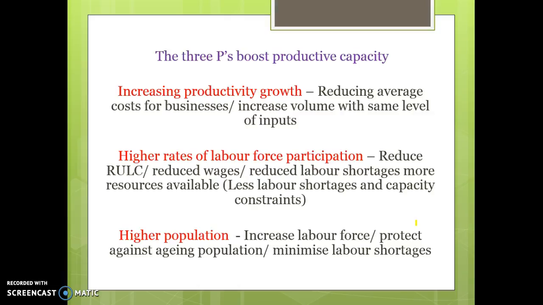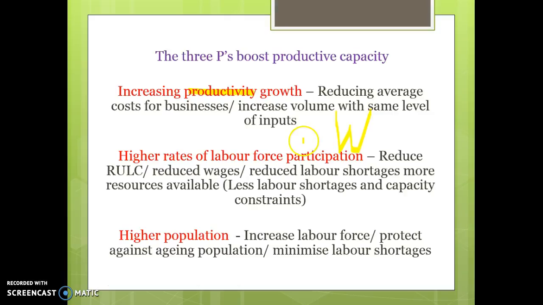When you are referring to these three Ps, this is the kind of logic and language you need to be using. If it's increasing productivity growth, it's all about trying to reduce average costs for businesses so they have a lower cost per unit of output, and that makes them more willing to produce. That's related to the willingness and ability of businesses to produce, but with lower costs, they will be more willing to supply.